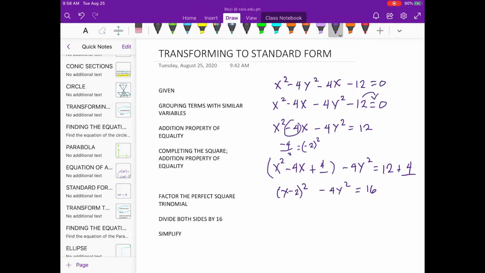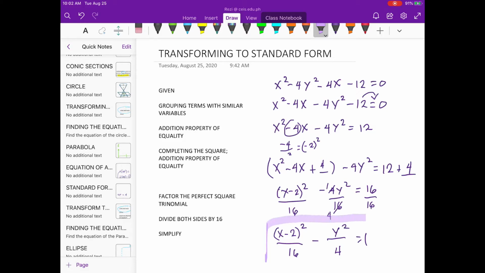Let's divide both sides by 16. And lastly, we simplify. So this is the standard form of the equation.